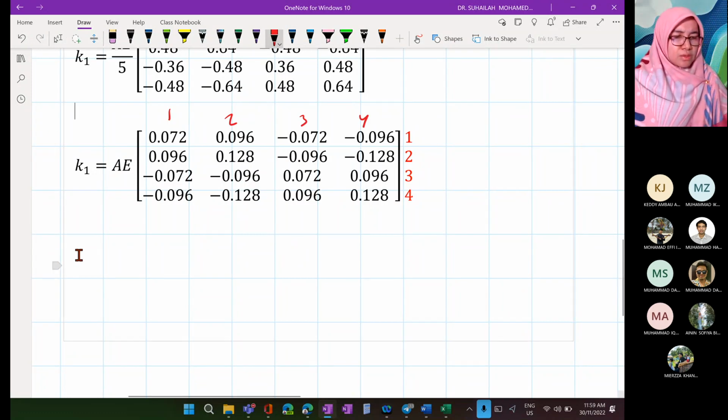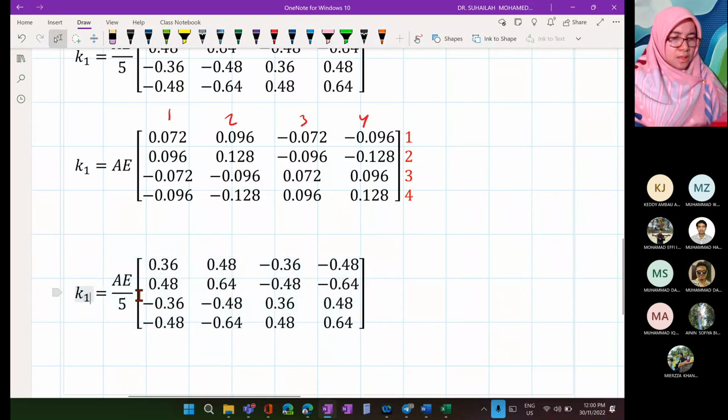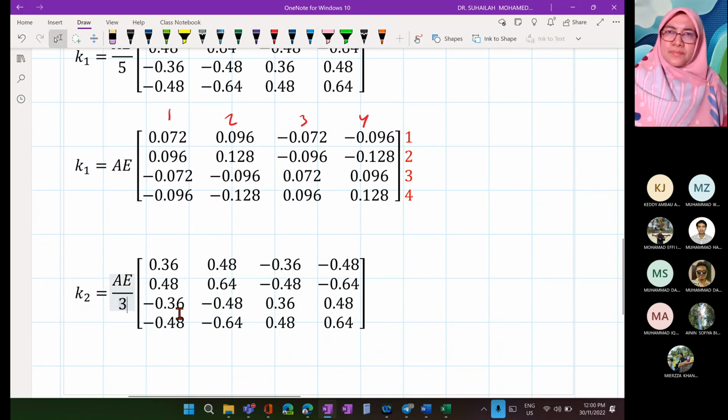Now we move to K2. Okay, K2, L is 3 meter.